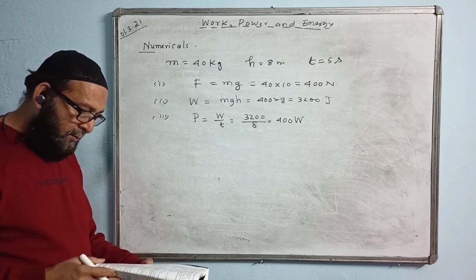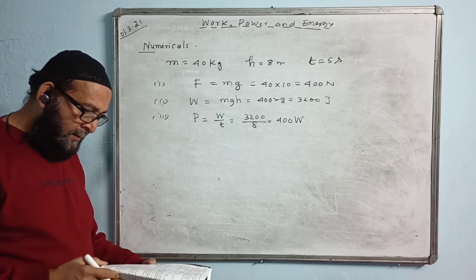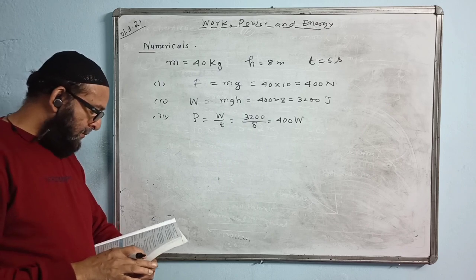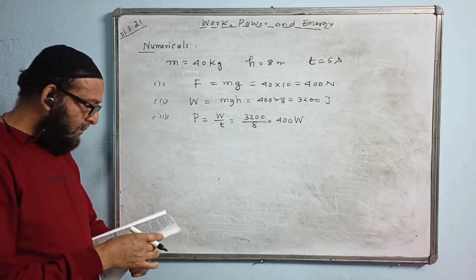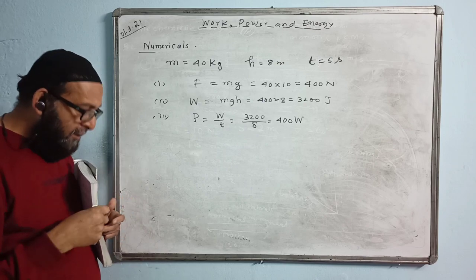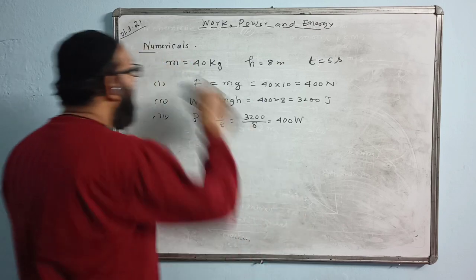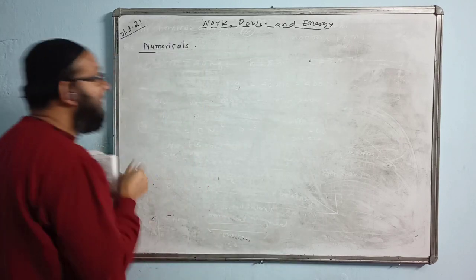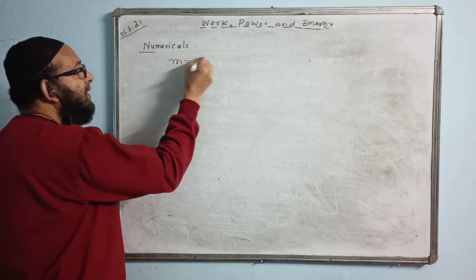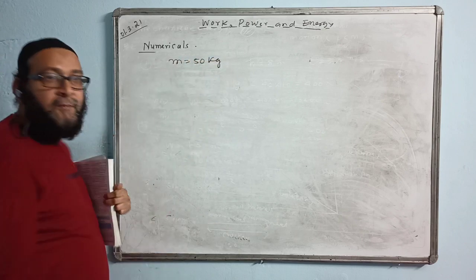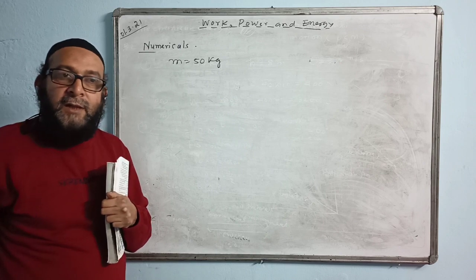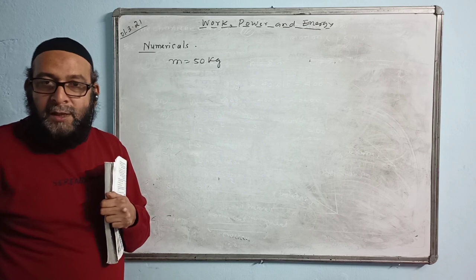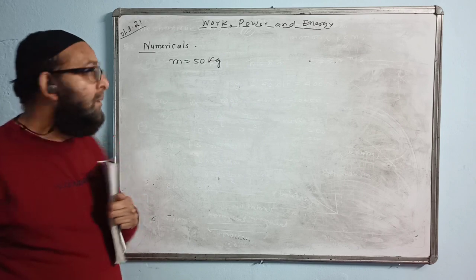Okay, the next question. The next question is like this: they are saying a boy of mass 50 kg, mass of the boy is 50 kg, is climbing up a flight of steps, each flight of 20 steps, each 10 centimeter high.